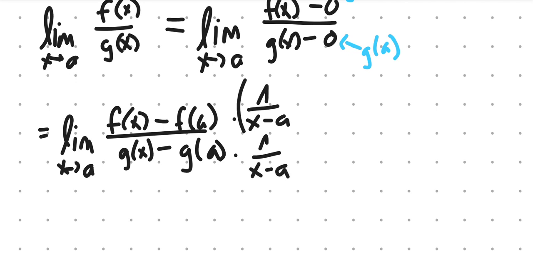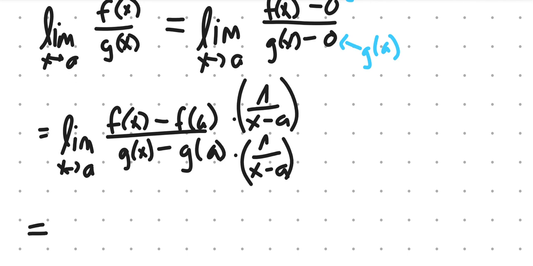This will not change anything, unless 1 over x minus a is equal to 0. Now, 1 over x minus a is never equal to 0, and x minus a cannot equal 0, but x is approaching a, so we don't have any problem.